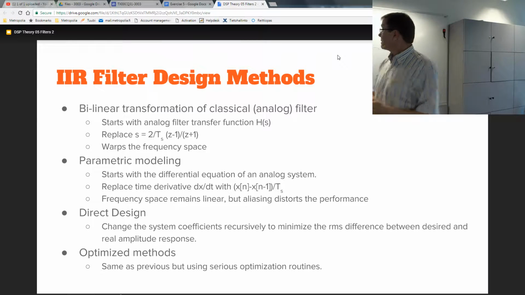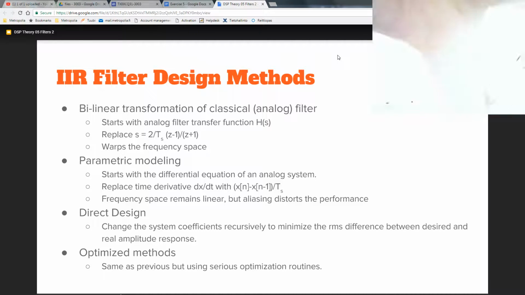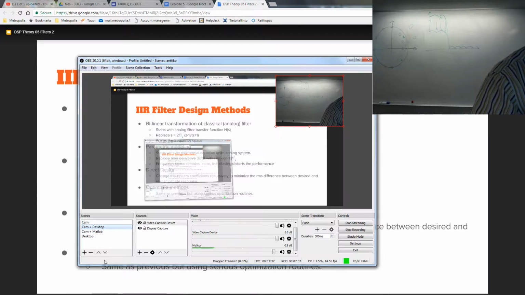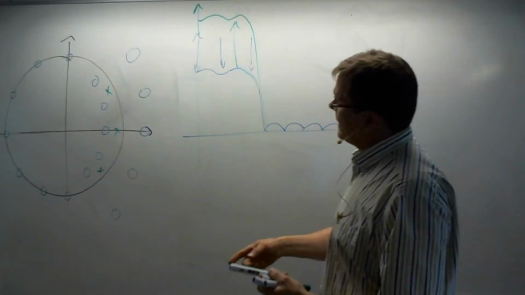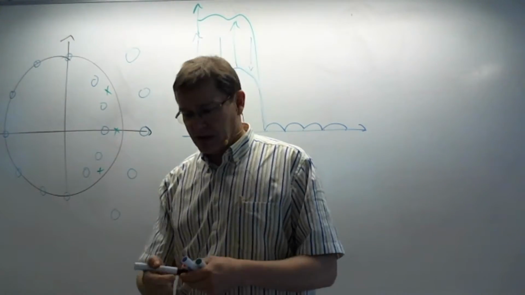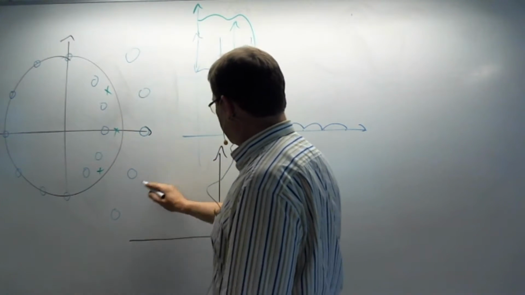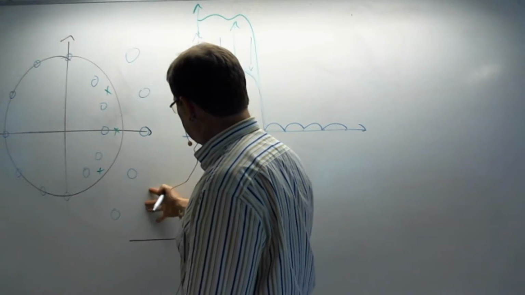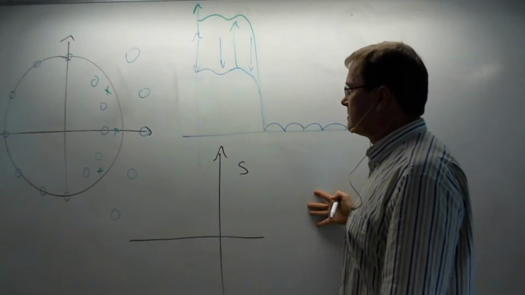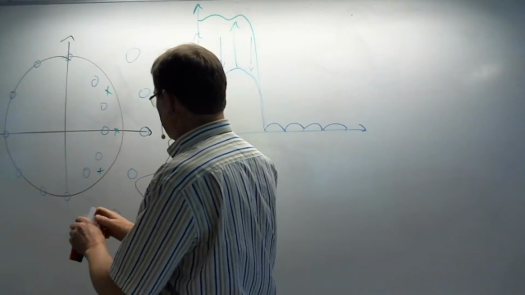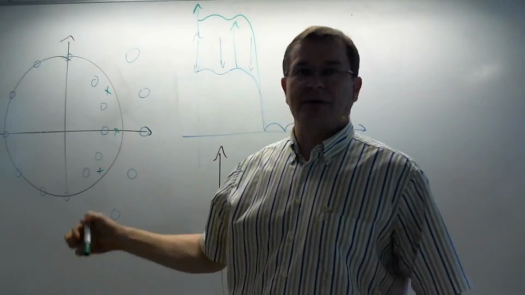If you have an analog system, let's move it back here. There we go. On an analog system you don't have the Z plane, but you have the S plane. That's the S plane. This is where the poles should be, the stable region, and this is unstable. Here the same thing on the sampled system: you have a stable region and an unstable one.